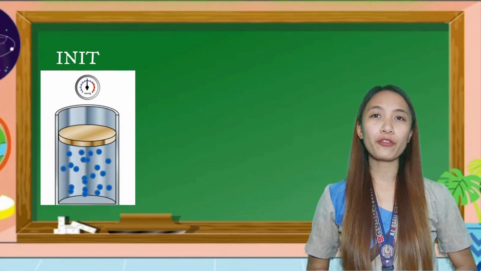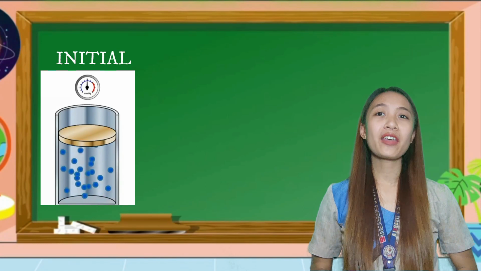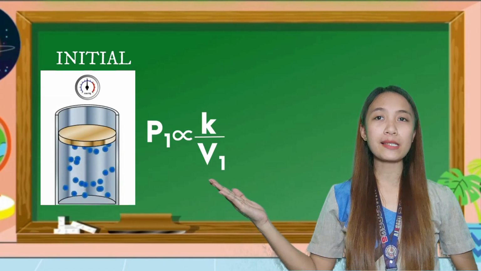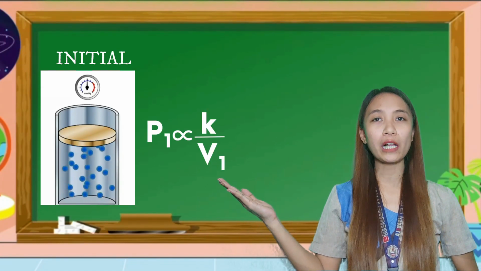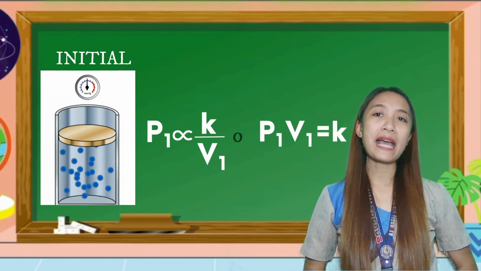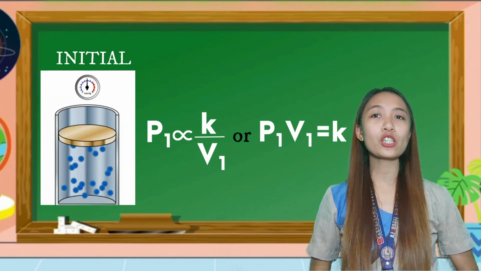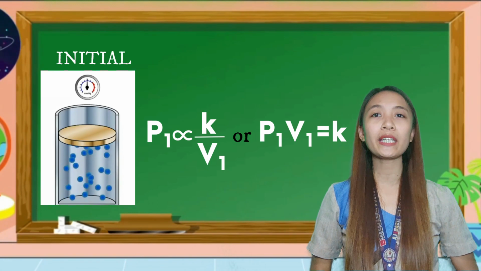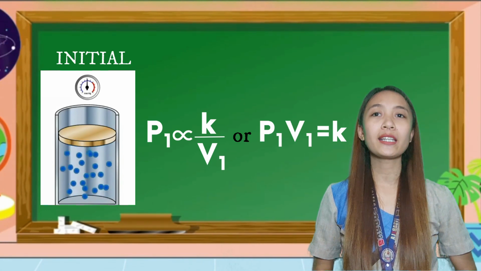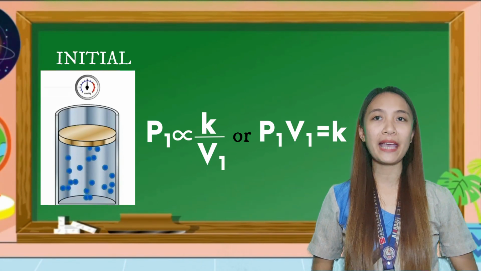For the initial observation, the initial pressure is inversely proportional to the initial volume. Or, the product of the initial pressure and the initial volume is equal to the constant k, which is the temperature and the amount of gas.